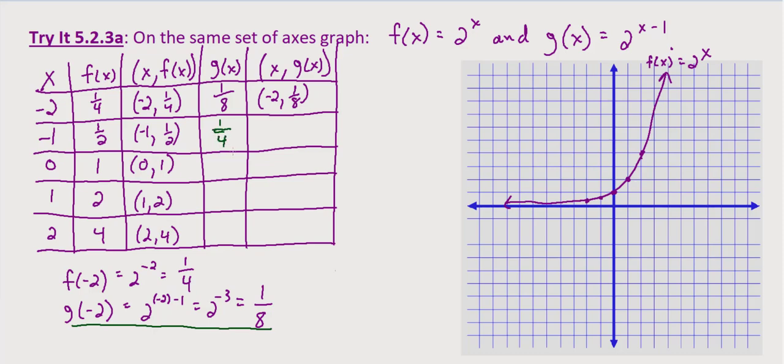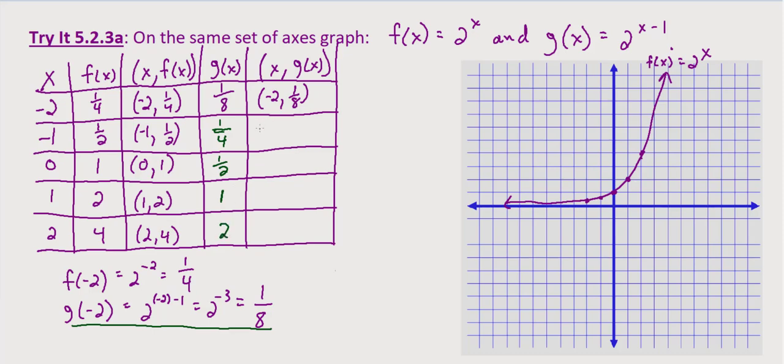We get g of 0, that would be 2 to the 0 minus 1, which would be 2 to the negative 1, which would be 1/2. At 1, we get 2 to the 1 minus 1, which is 2 to the 0, which is just 1. And at 2, we get 2 to the 2 minus 1, which is 2 to the 1, which is just 2.